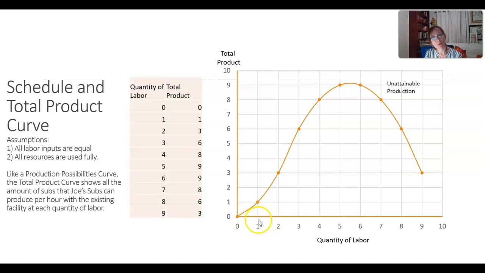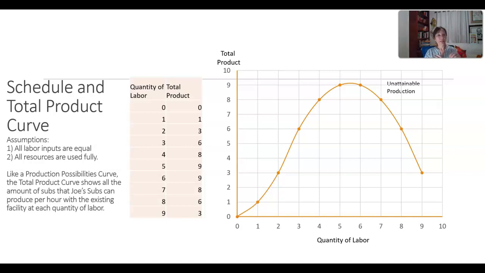One person working, 1 submarine sandwich. 2 people working, 3 submarine sandwiches. 3 people working, 6. 4 people working, and we are getting 8 submarine sandwiches. 5 people working, 9. 6 people working, 6. 7 people working, 8. 8 people working, 6. 9 people working, 3. So what happened? Why did our production go up and then top off and go down?